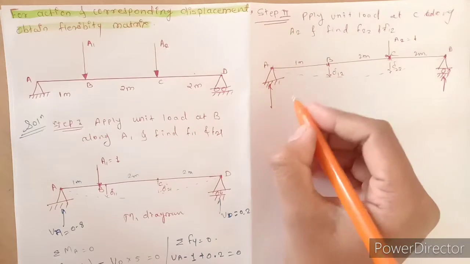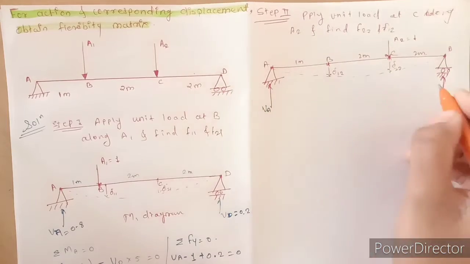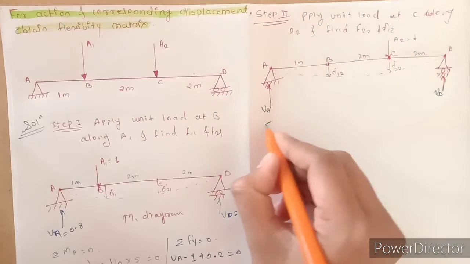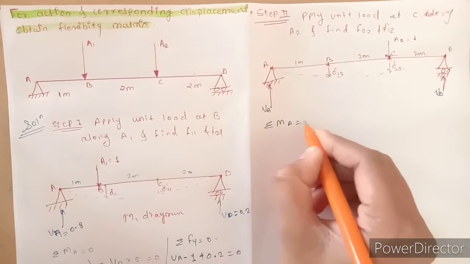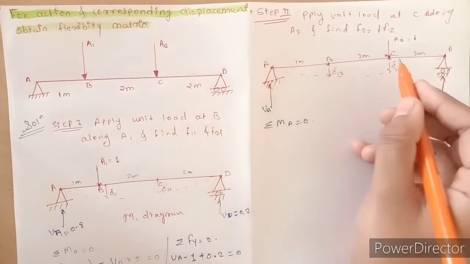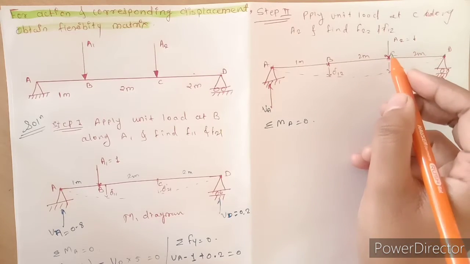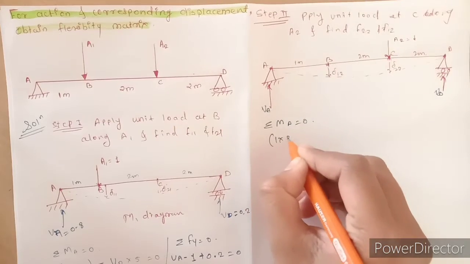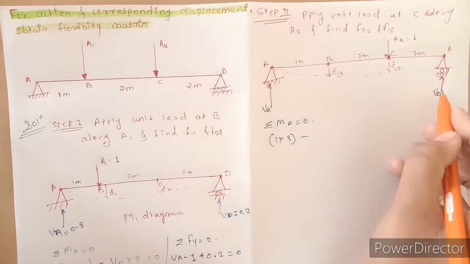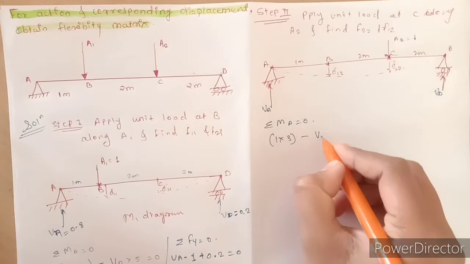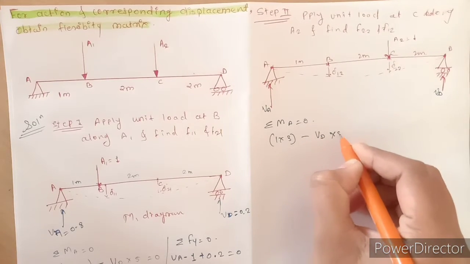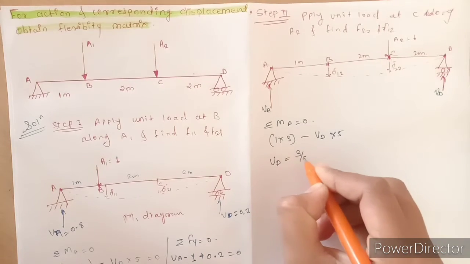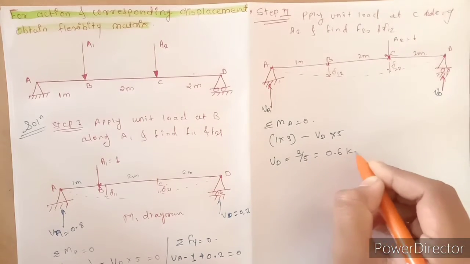First find the vertical force at point A and the vertical force at point D. Same here, take moment at point A equal to 0. The 1 kilonewton multiplied by the distance 2 plus 1, so 1 multiplied by 3, minus VD multiplied by the total distance 5 meters. From this we get VD equal to 3 divided by 5, that is 0.6 kilonewton.